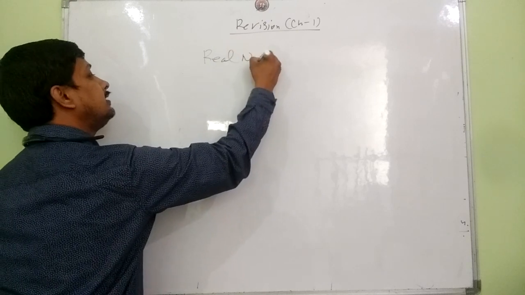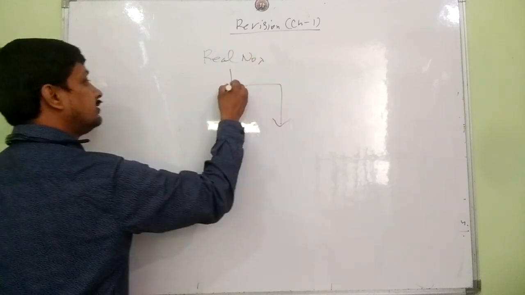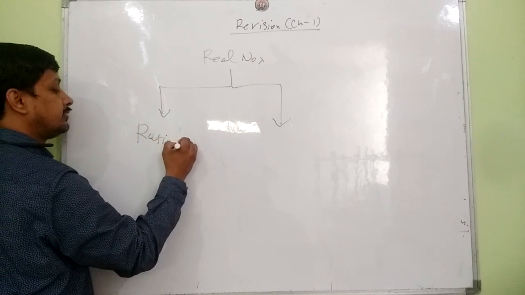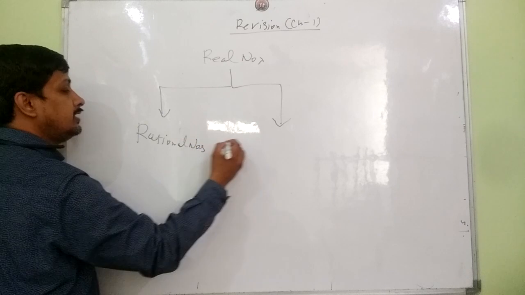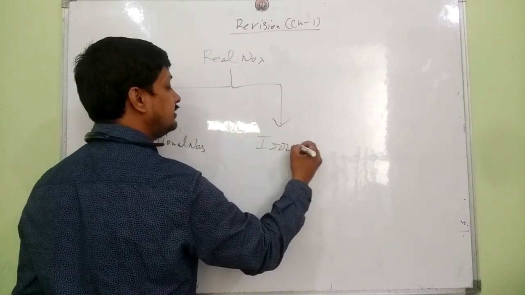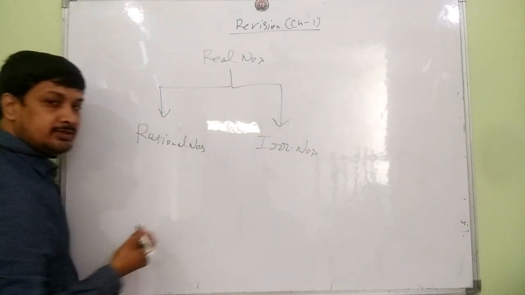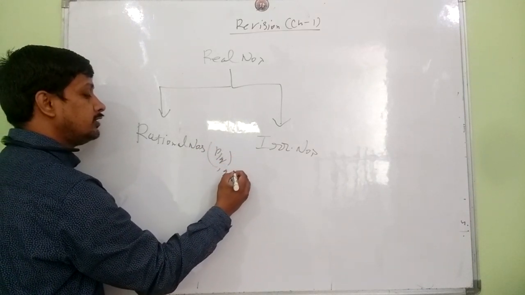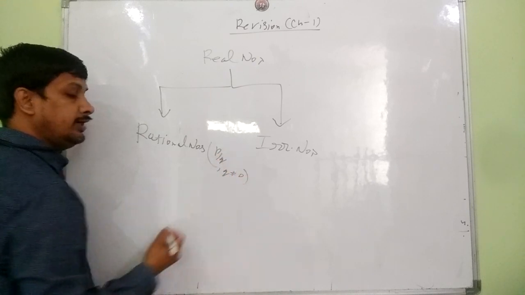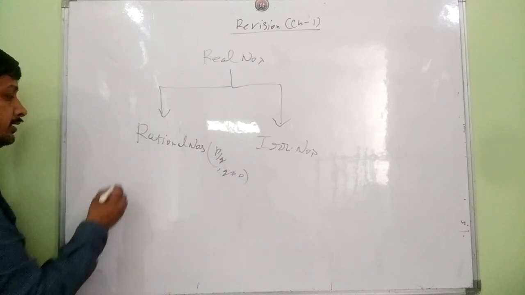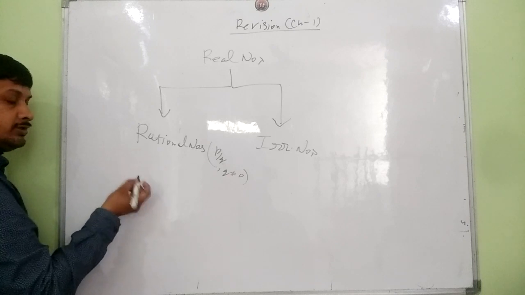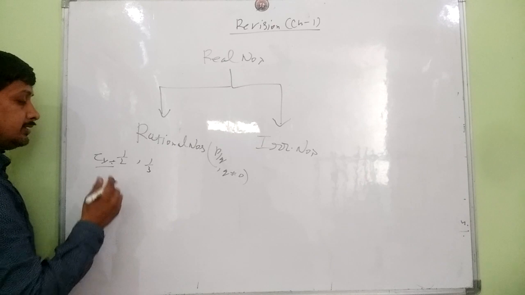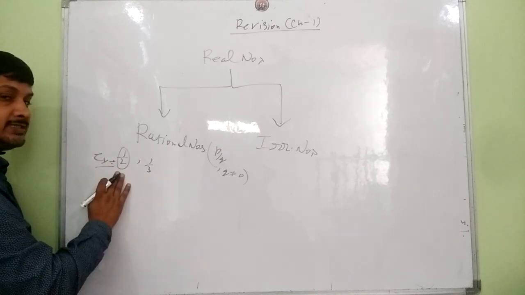Real numbers are of two types: first is rational numbers, and the other is irrational numbers. Rational numbers are those in the form of p by q, where q is not equal to 0. Okay, this is the definition of a rational number. For example, 1 by 2 and 1 by 3.